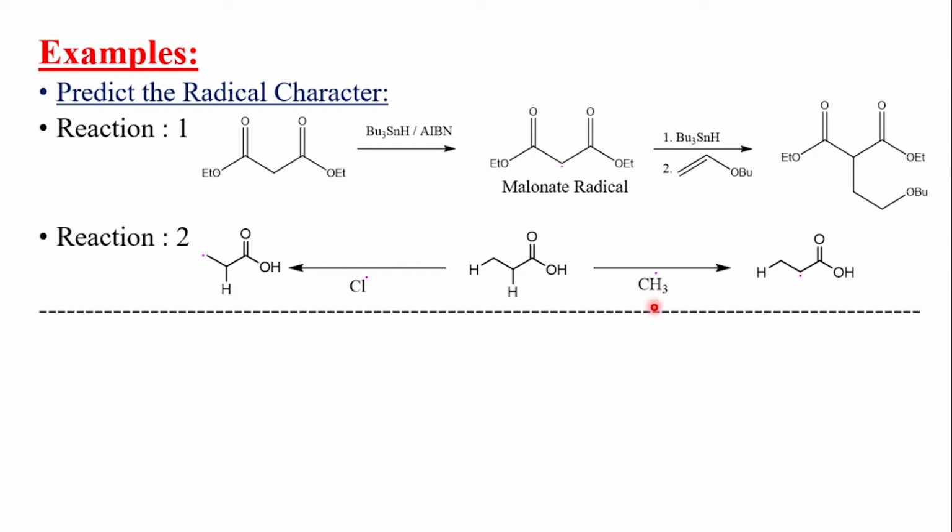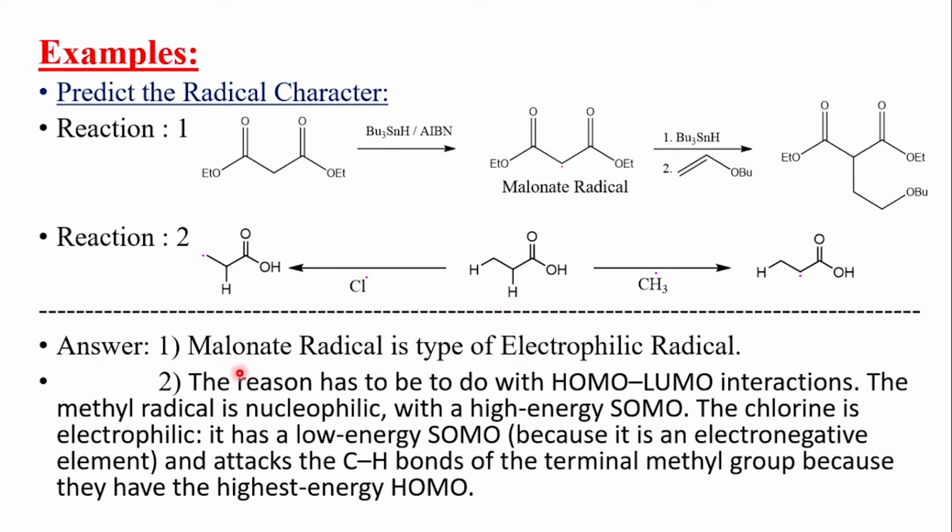Here, this unpaired electron abstracts this proton by increasing the energy. Similarly, methyl radical is nucleophilic with a high energy SOMO. The chlorine is electrophilic, with a low energy SOMO because it is an electronegative element. It attacks the CH bond of the terminal methyl group because it has the highest energy HOMO.